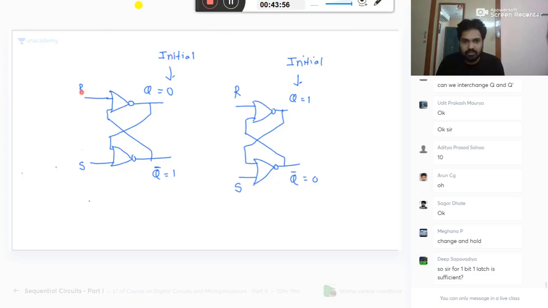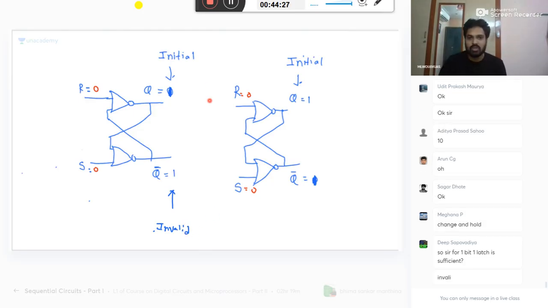For 1 bit, 1 latch is sufficient. Please listen here. When S is 0, R is 0, and initially you have 1 1. What is 1 1? Invalid.